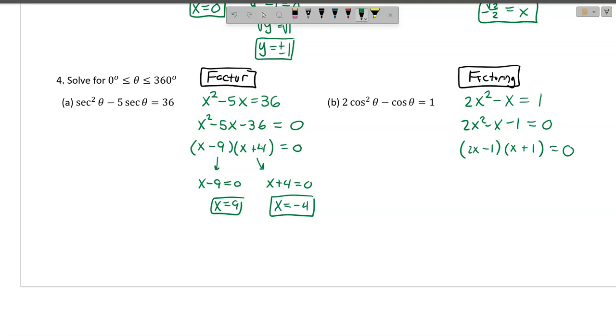Let's see if that works, because I get negative 1, positive 2. So no, I have to flip the signs the other way. So this is going to become positive, and this one right here is going to become negative. Set each of these equal to 0 and solve, and we're done. So 2x equals negative 1. Divide by 2, we get x equals negative 1/2. And lastly, we get x equals 1.